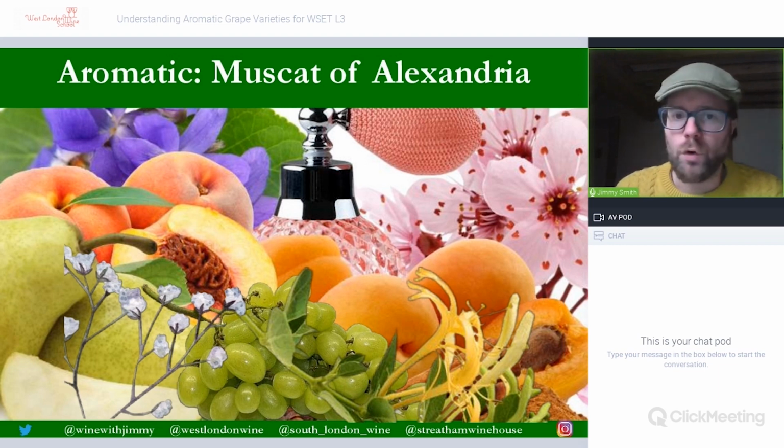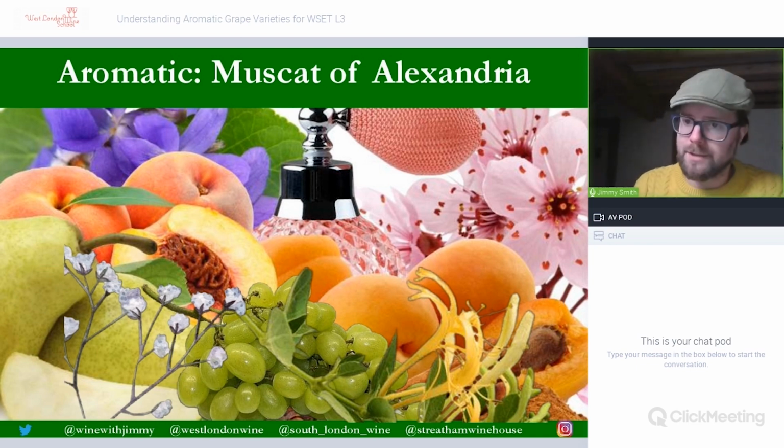We have Muscat or Muscat of Alexandria, and there's very many other types of Muscat as well. And Muscat is exceedingly aromatic. Peach, grape, things like blossom, things like acacia, things like perfume, very common on Muscat. So nice and aromatic grape variety, Muscat.